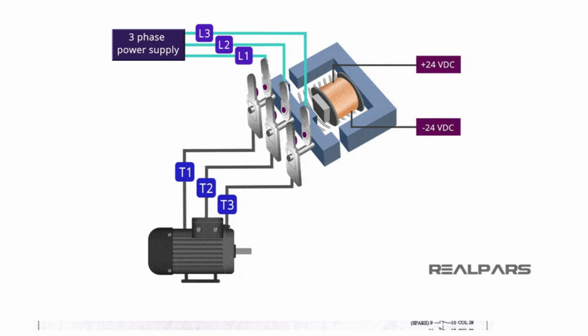For example, here you can see the contactor coil, which is connected with the 24-volt supply, and upon energization of the coil, the HV terminal closes and it turns on the motor.